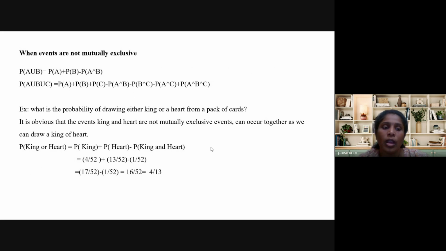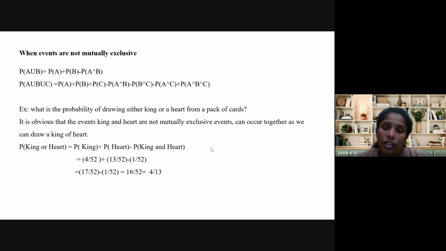For example, what is the probability of drawing either a king or a heart from a pack of cards? King and heart are not mutually exclusive events, because in a single card you can get a king and a heart, in the same card, right? So that's why these two events, king and heart, are not mutually exclusive.